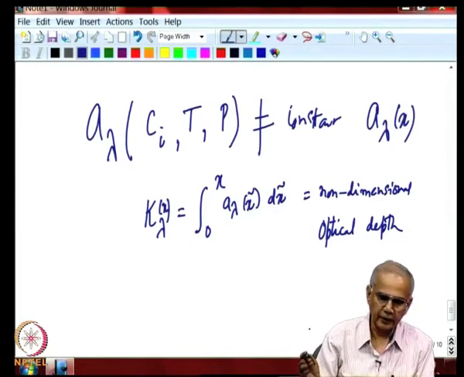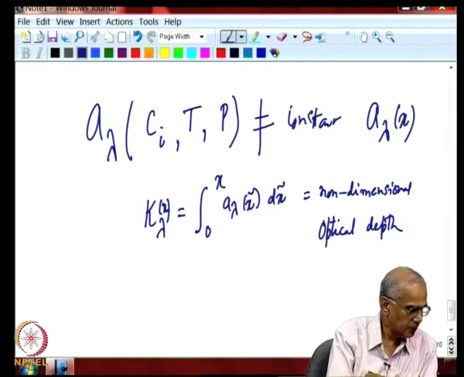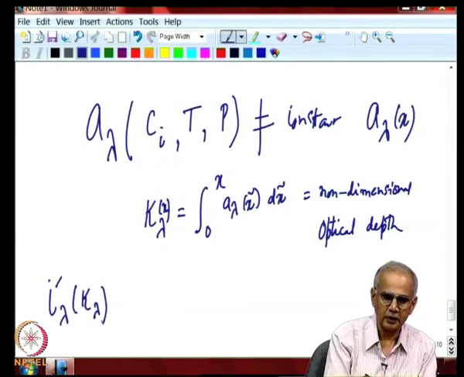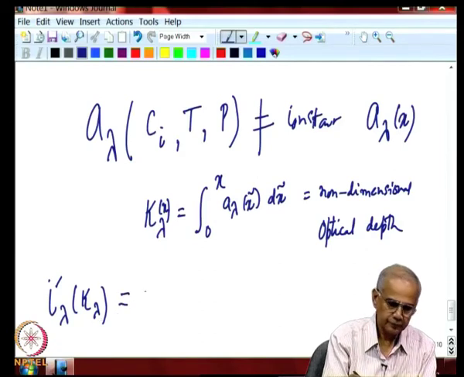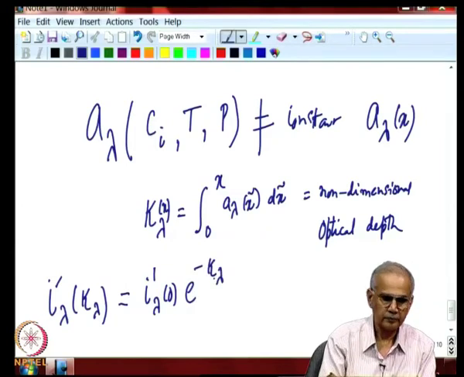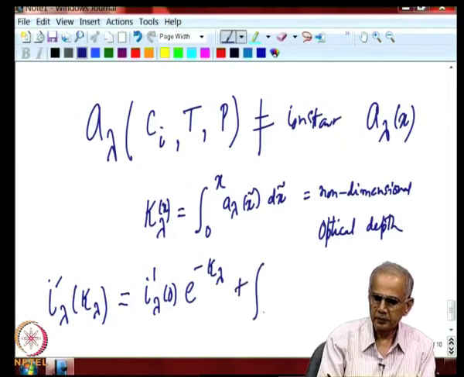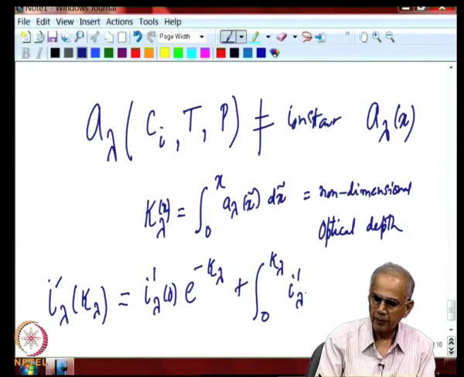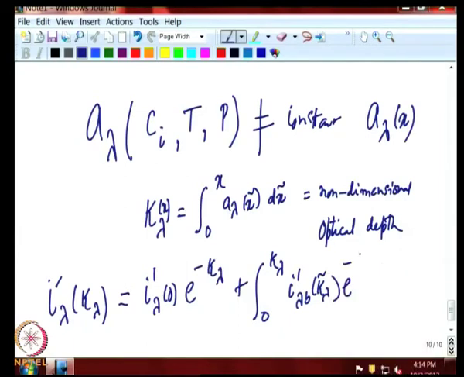So, you can redo your integration and easily derive that the intensity of the gas at a certain location kappa lambda is equal to I prime lambda 0 e to the power minus kappa lambda, plus the integral from 0 to kappa lambda of I prime lambda b of kappa lambda tilde, a dummy variable, e to the power minus (kappa lambda minus kappa lambda tilde) d kappa lambda tilde.